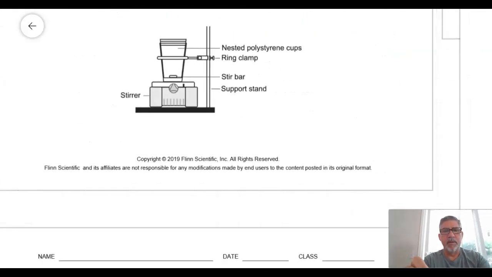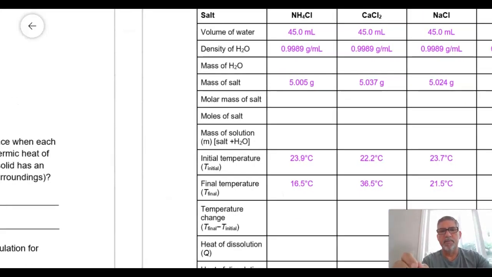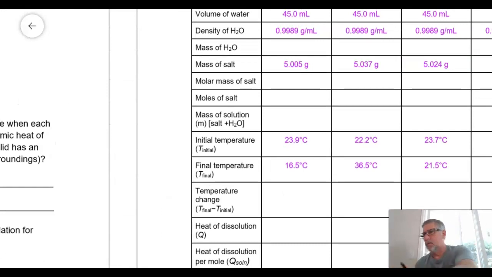Alright, so we come down here. First thing I need to do is fill out my data table. I'm going to make my density 1 because it's significant.